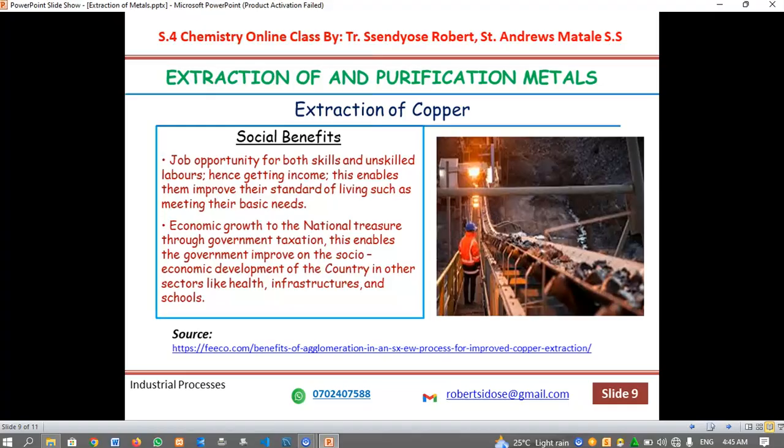They get employment, as you are seeing. They get jobs. Economic growth, development of infrastructures, as you are seeing in the picture, and further social benefits. You will tap in the link, and you get further social benefits.